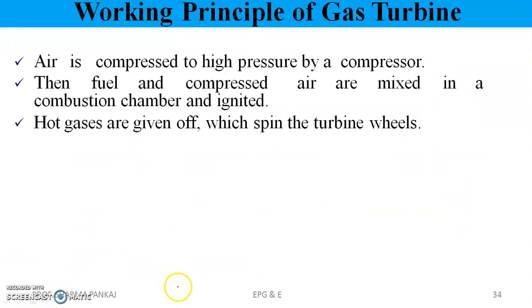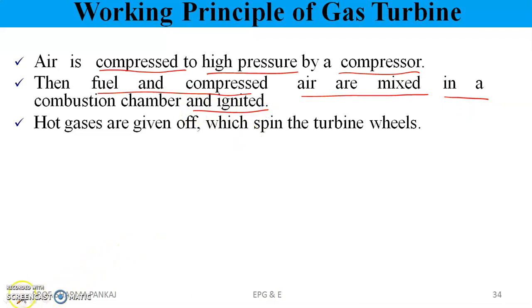Working principle of gas turbine. The air is compressed to very high pressure by a compressor, and fuel and compressed air are mixed together in a combustion chamber and ignited.